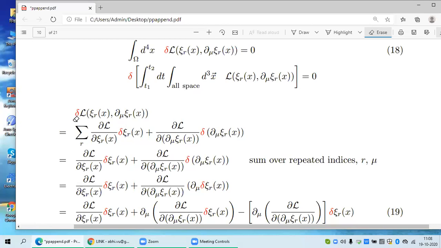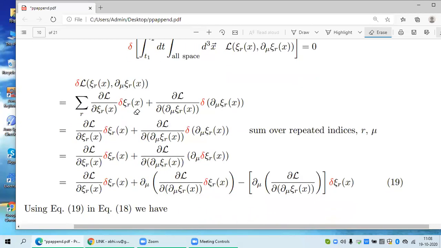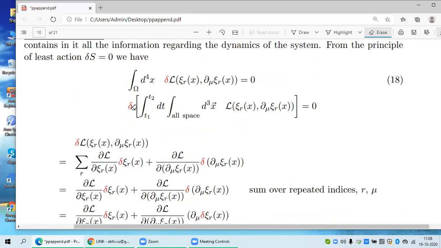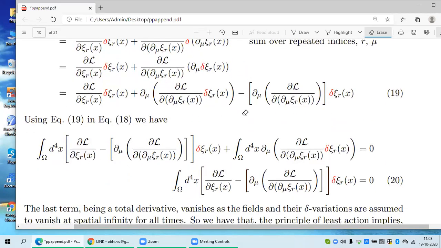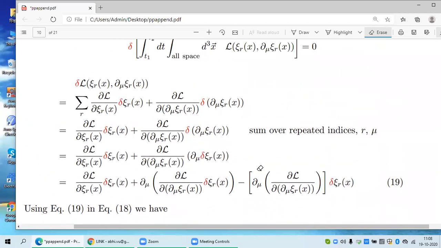When you take delta of L, if there is a total derivative term in L, a term like this will come, and when you integrate d4x to find delta S or to make it zero, this integral involves integration over all space, and that integral should vanish because of the divergence theorem. The total derivative integrated over all space gives you a surface term. Have you understood why this term vanishes in the Euler-Lagrange equation?